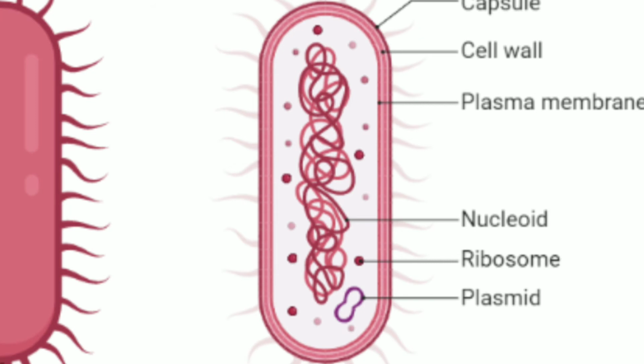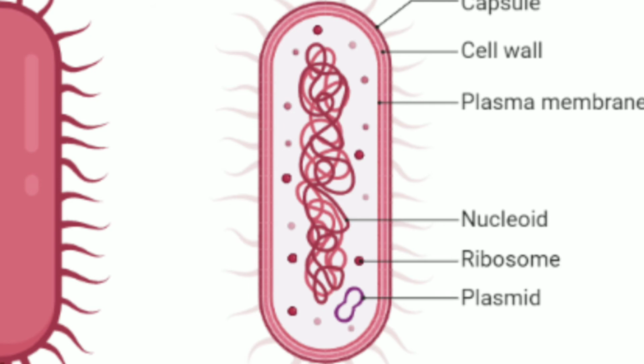We cannot see all the parts in the light microscope at low magnification, so we have to view the bacterial cell at high magnification to see all the organelles clearly. They have a cell wall, which is a complicated mixture of proteins, sugars and fats.